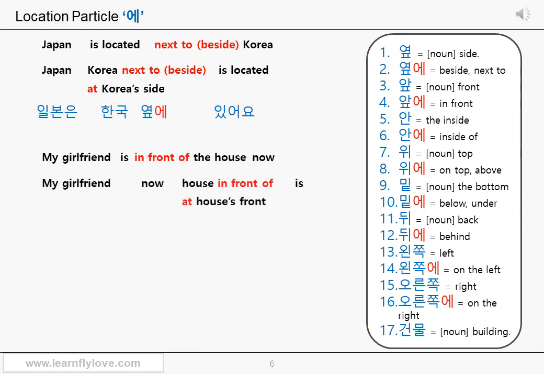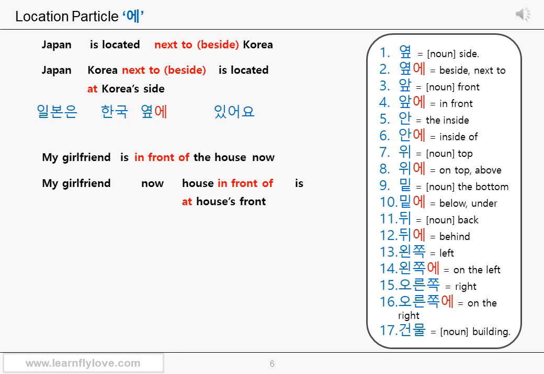My is 제. Girlfriend is 여자친구. 여자 means a woman, and 친구 means a friend. My girlfriend, 제 여자친구. My girlfriend, now, house in front of, is. House in front of is more like at house's front in Korean.